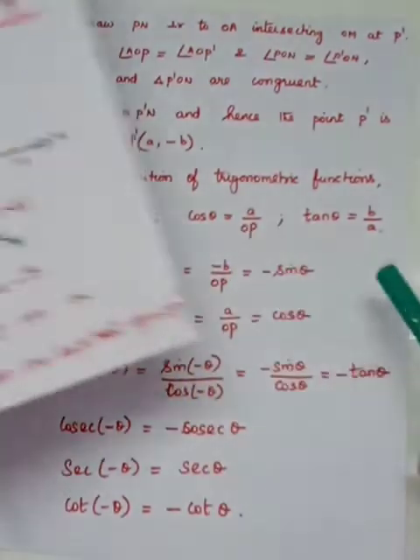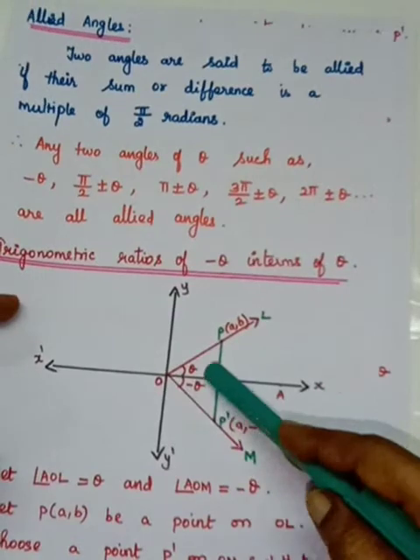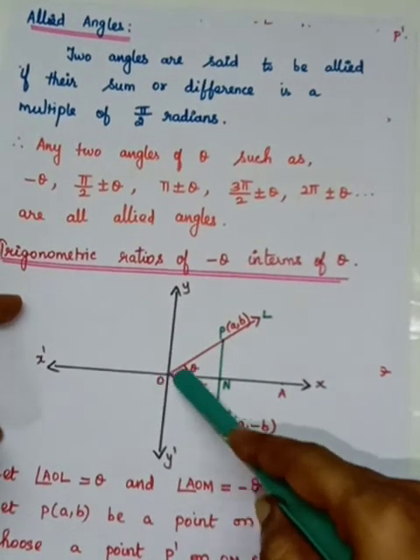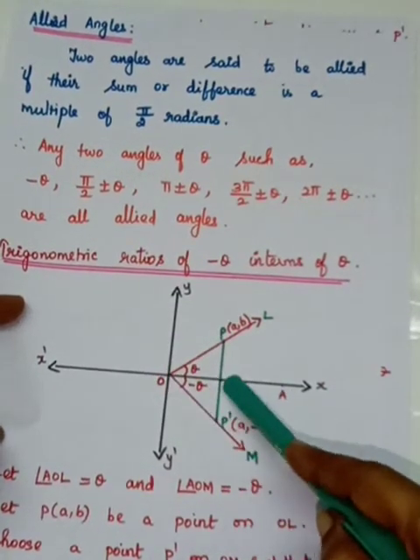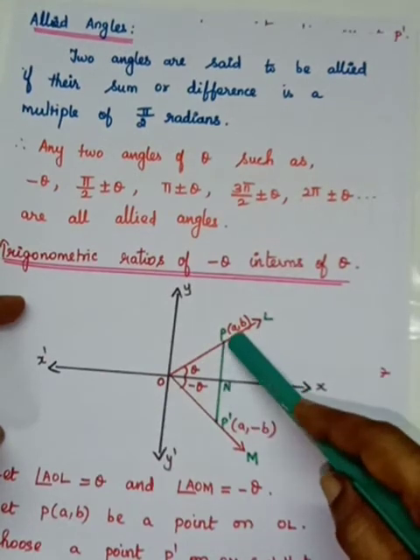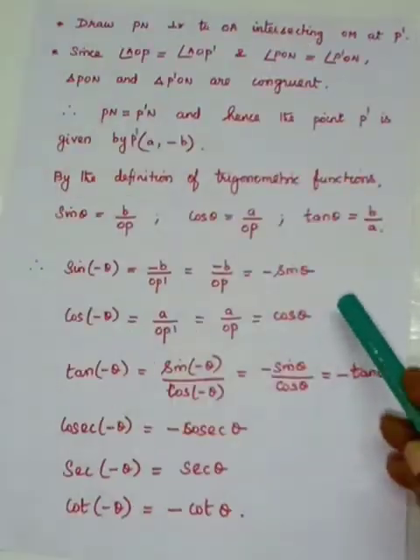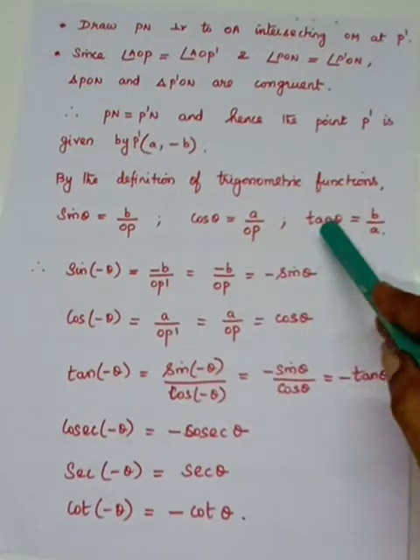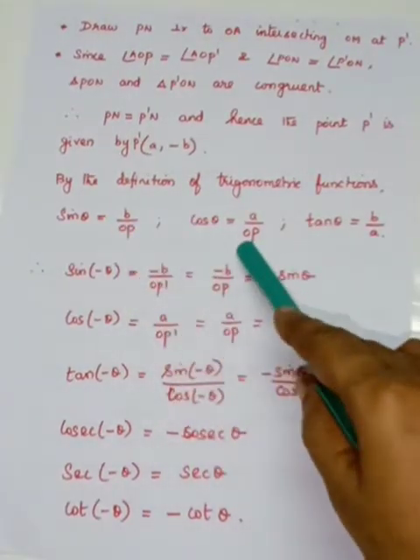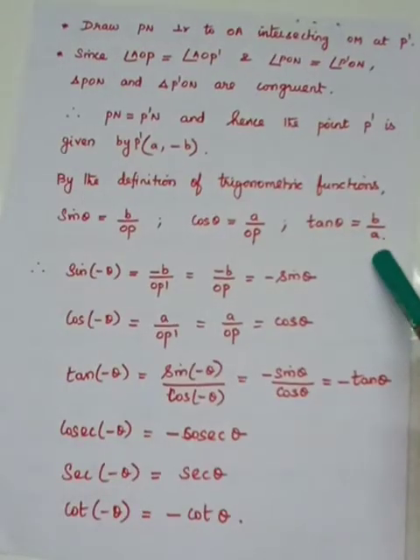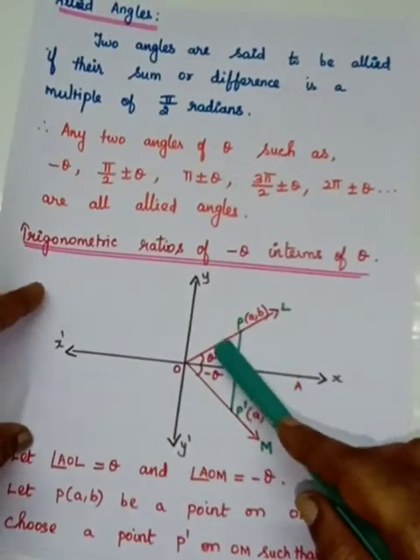What is cos theta? Adjacent side by hypotenuse. The adjacent side is ON, which is A. So it is A by OP. What is tan theta? Sin theta by cos theta, so it is B by A. So we have completed the definition of the trigonometric functions for this angle.